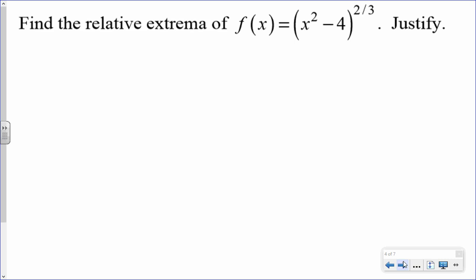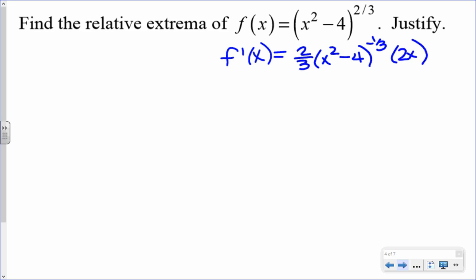So I'll just remind you that yesterday we found the derivative by doing the power rule and applying the chain rule. So our derivative turned out to be 4x over 3 times (x squared minus 9) to the 1/5.